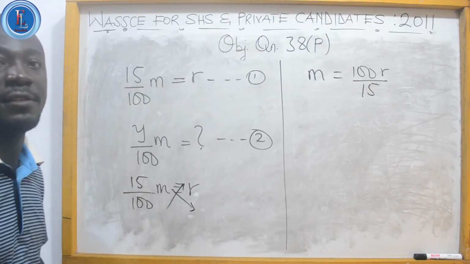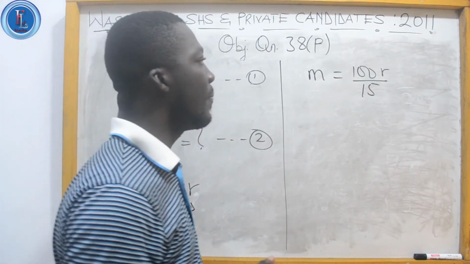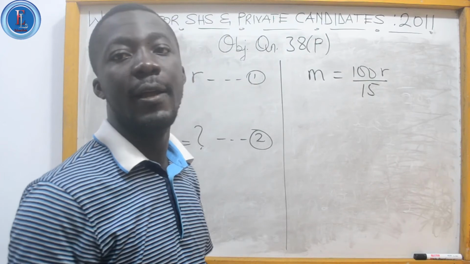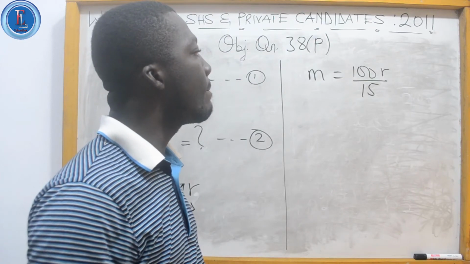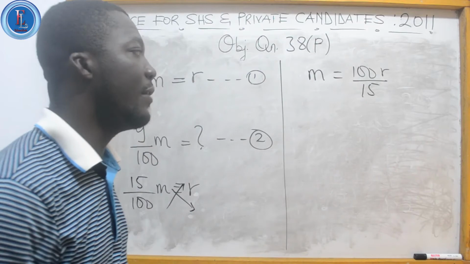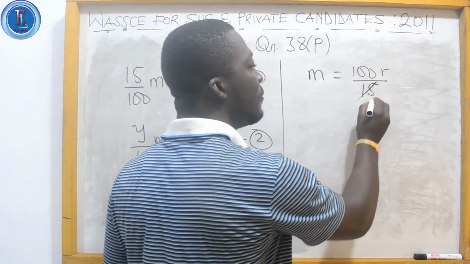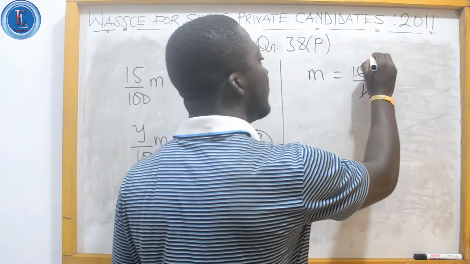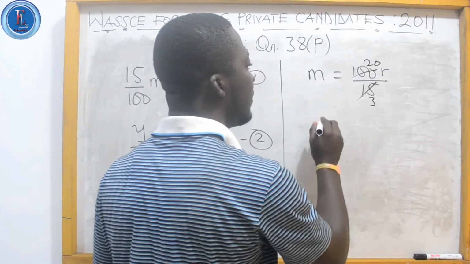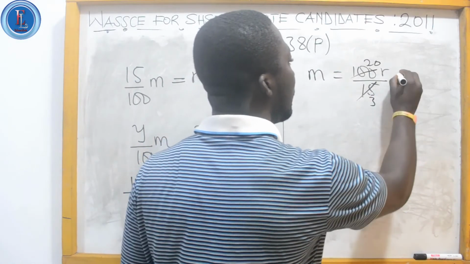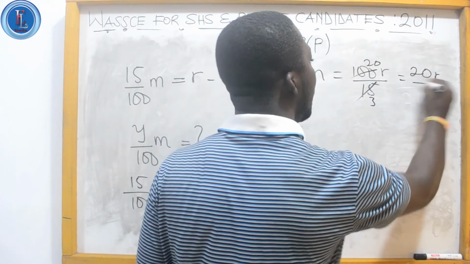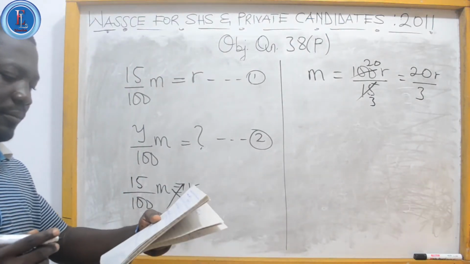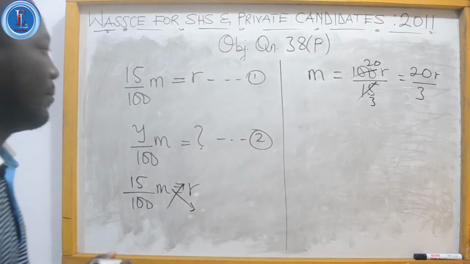So 1 times 15 is the same thing. 15 goes into 100. 15 will not give us a value for 100, but we believe that 5 into 15 is 3, and 5 into 100 is 20. And the value of m will be 20r divided by 3.